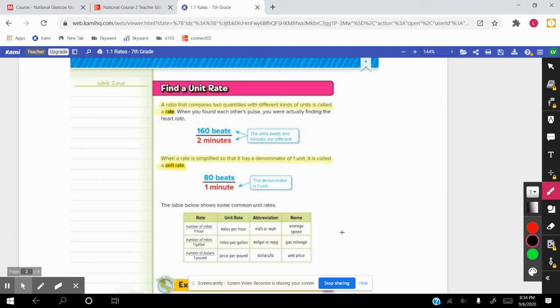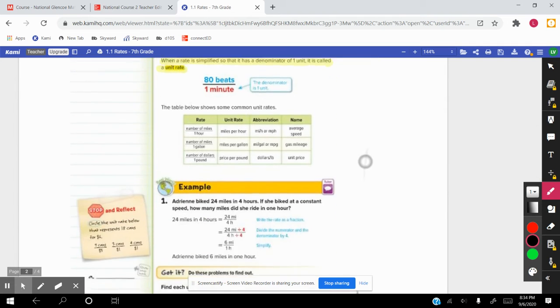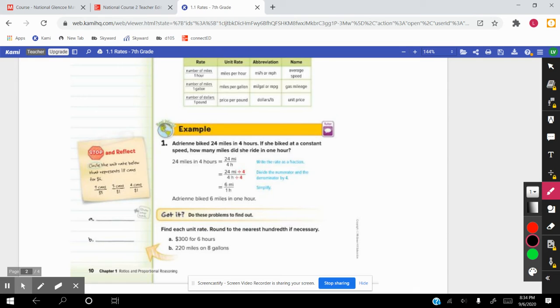Then the second row, the number of miles per gallon, the abbreviation is MPG, that's referring to gas mileage. And last row, number of dollars per pound, that's the price per pound, which is a unit price. All right, let's start with example number 1.